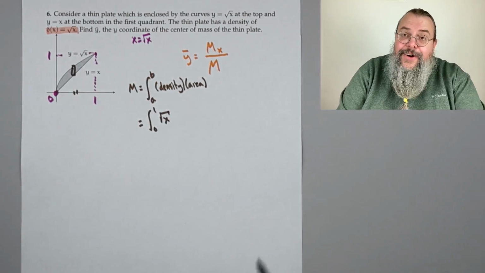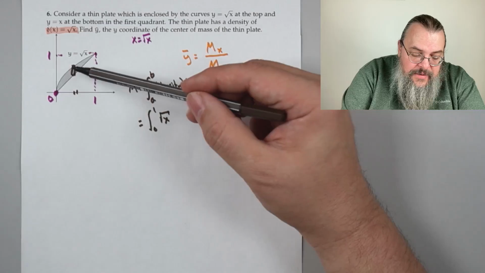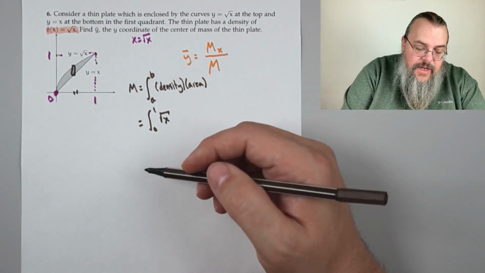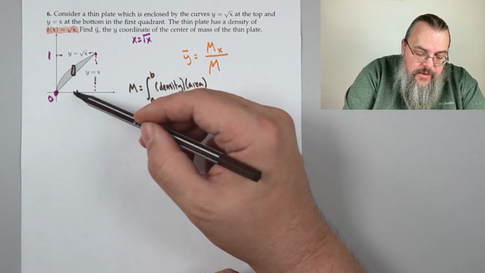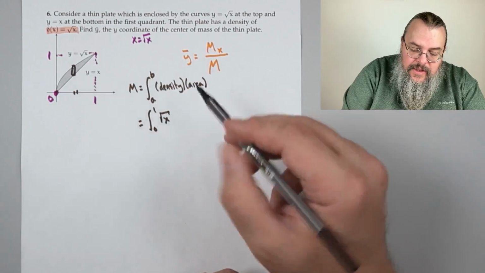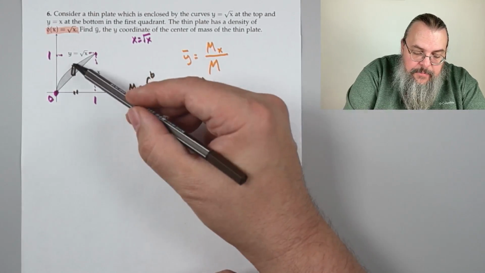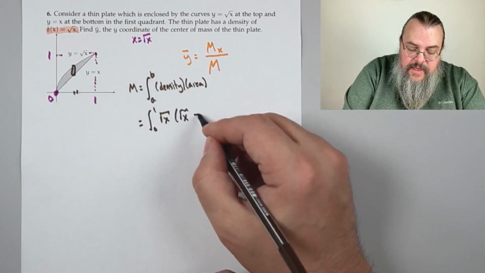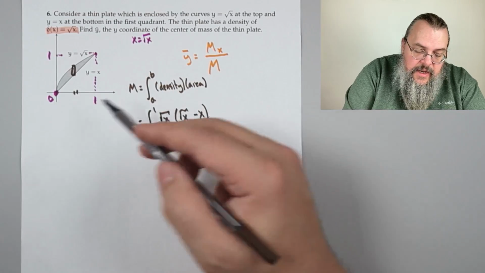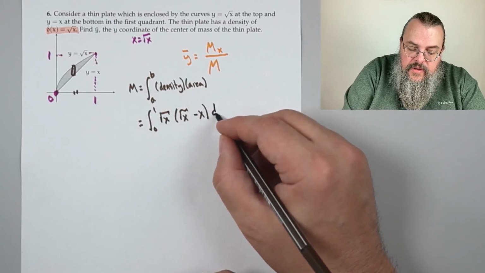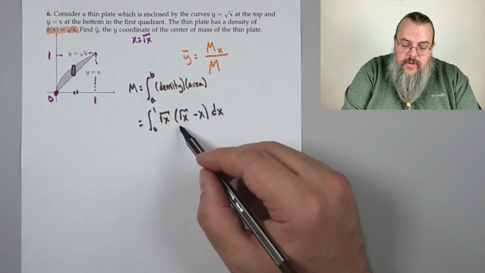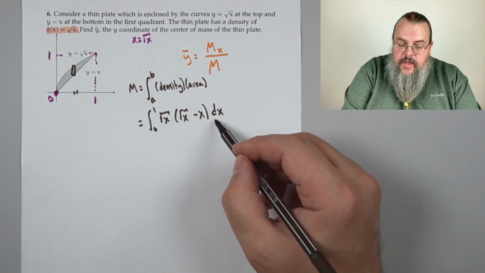Now, what's the area? Well, think of it as a rectangle. As a rectangle goes, I have a width and a height. Now the height, take top minus bottom. Square root of x is the top, x is the bottom. And now the width is dx. Okay, so area is height times width.